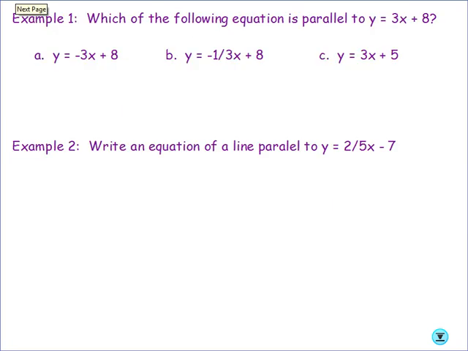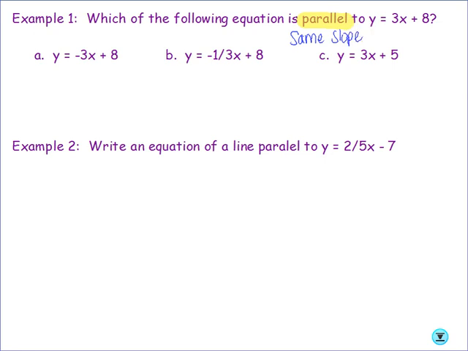First example is multiple choice. Which of the following equations is, keyword, parallel to y equals 3x plus 8? Well, parallel means same slope. So what's the slope of this equation?